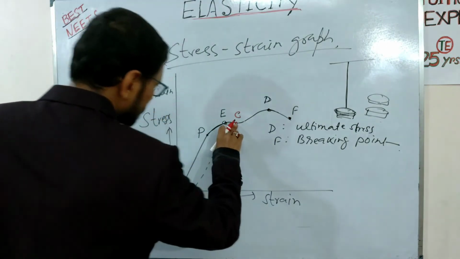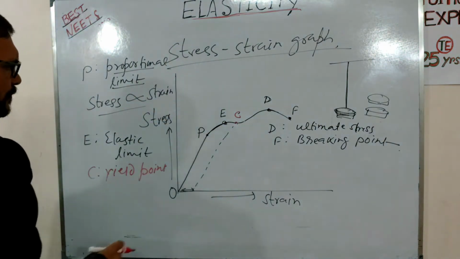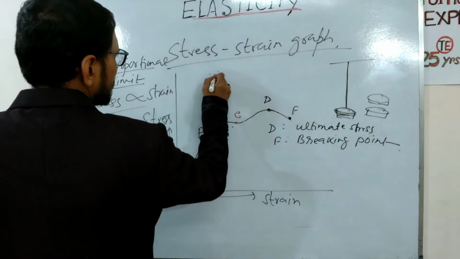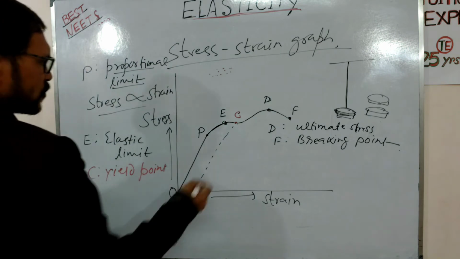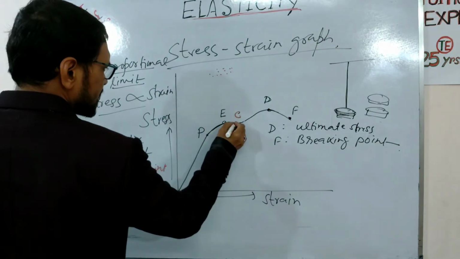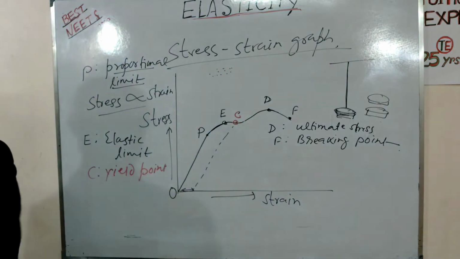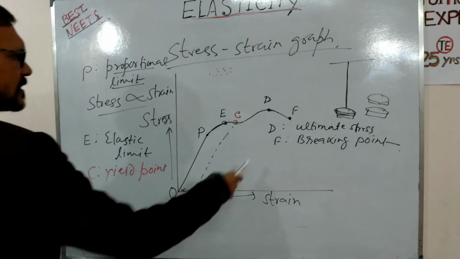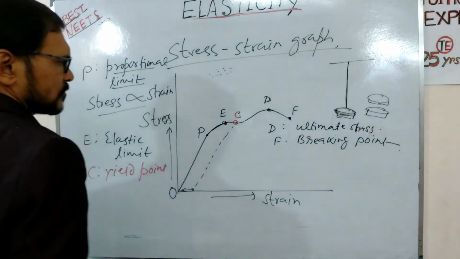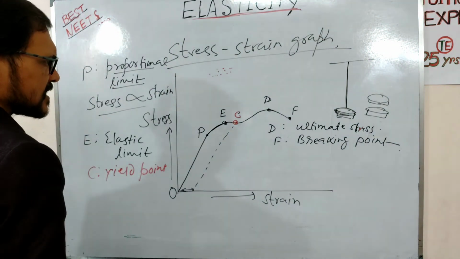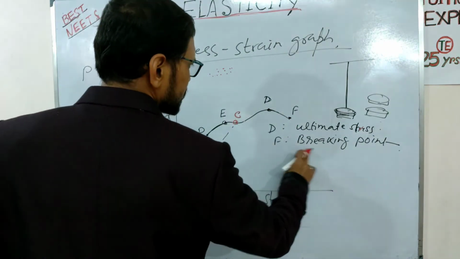That is, the molecules of the solid behave like fluid particles. So this occurs around the point C. So point C is called the yield point, and this ultimate stage or tensile stage, and at point A the breaking point occurs.